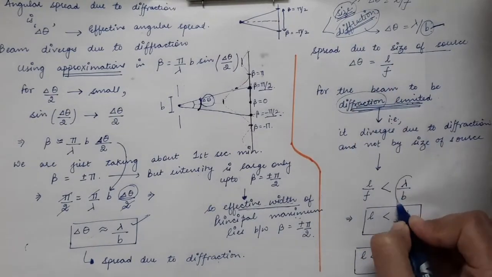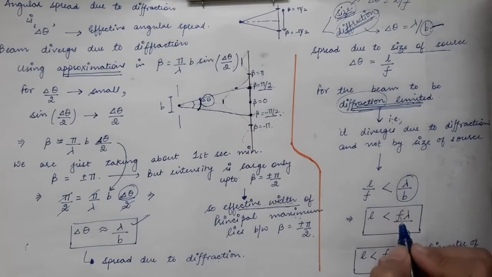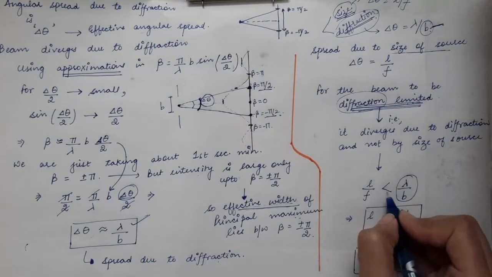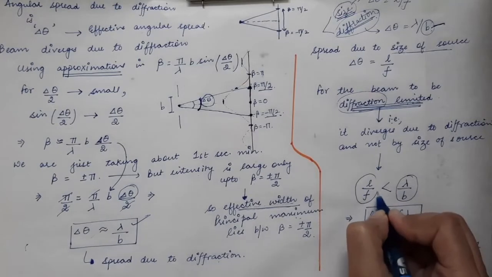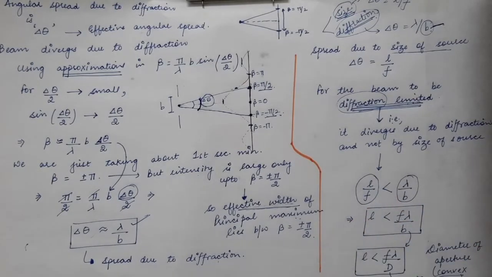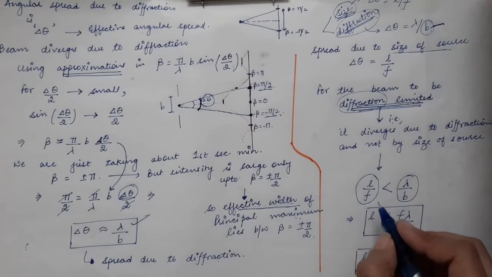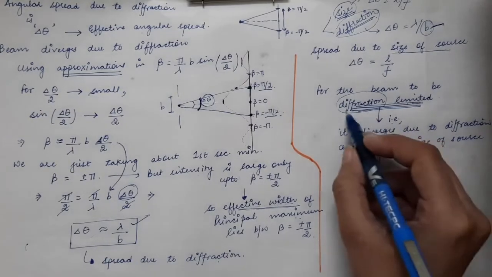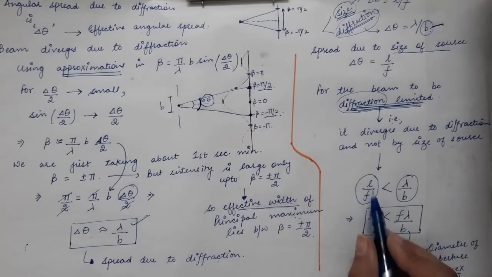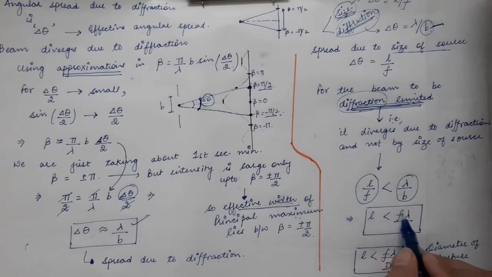Means lambda by b, which is the angular spread due to diffraction, must be greater than the angular spread due to the size of the source. So from here we can find the condition that the beam is diffraction limited when the length of the source is less than F times lambda divided by b.